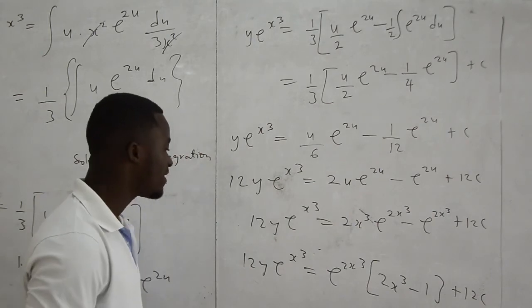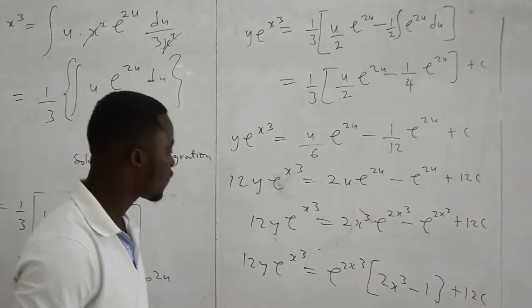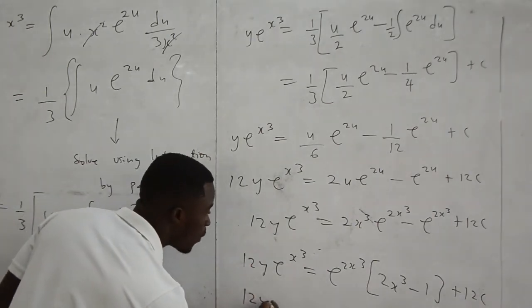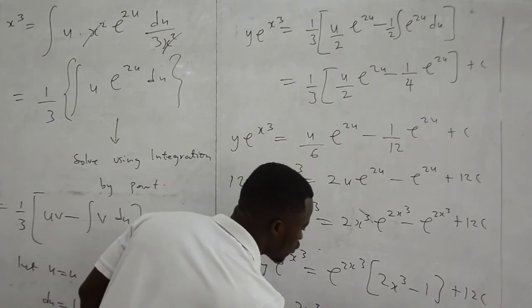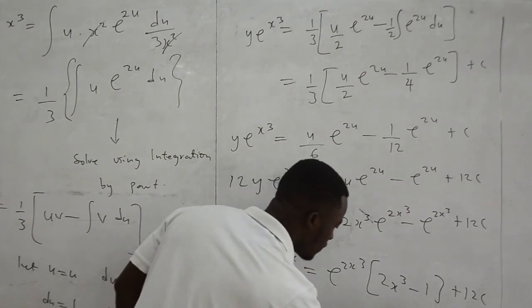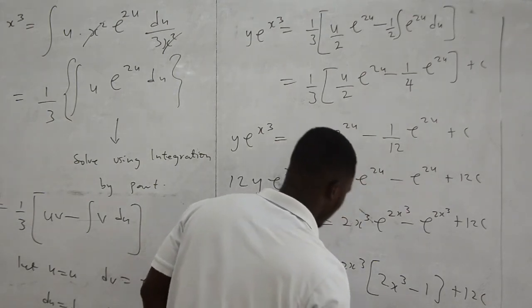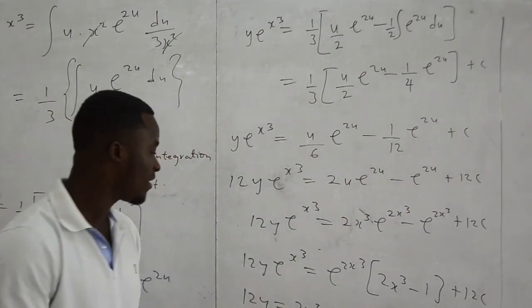And then we can just divide both sides by e^(x³). Then I'll have 12y equal to 2x³ minus 1 plus 12c e^(-2x³). So we'll just keep this one as our final answer.